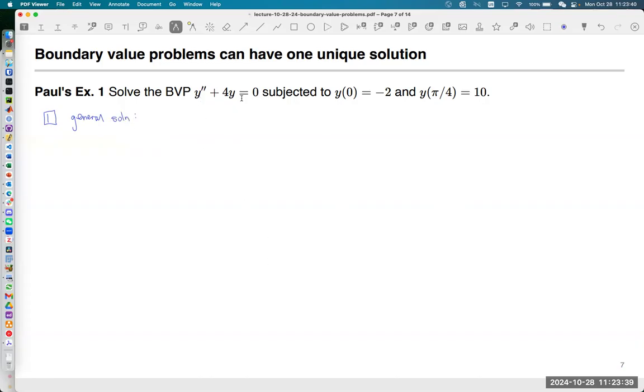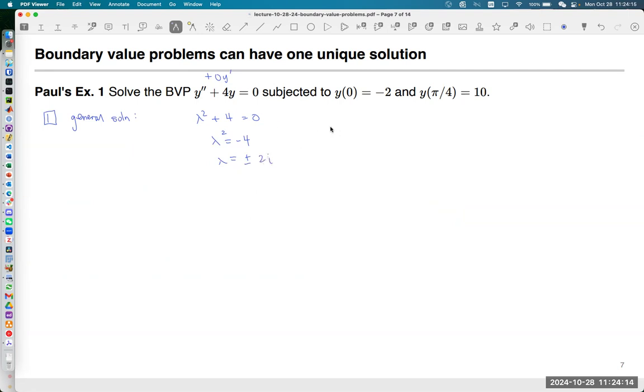So for this ODE, how do we find the general solution? We first look at its characteristic polynomial. Lambda squared plus 4 equal to 0, because this is y double prime plus 0 y prime plus 4y. Then we solve for lambda, and we have lambda equal to plus or minus 2i.